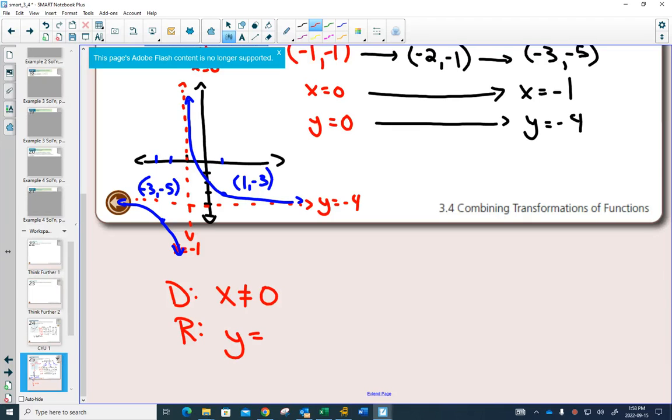So our range is y can't equal 0. In our blue graph, the domain now is everything but x can't equal -1. And the range is everything except y can't equal -4.